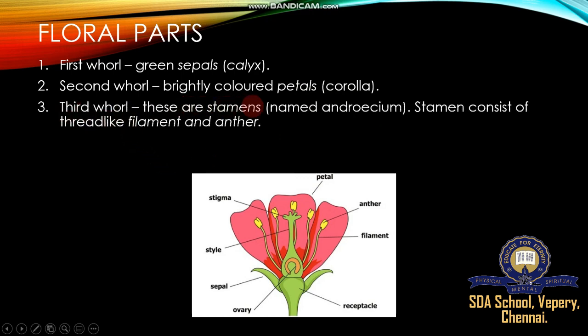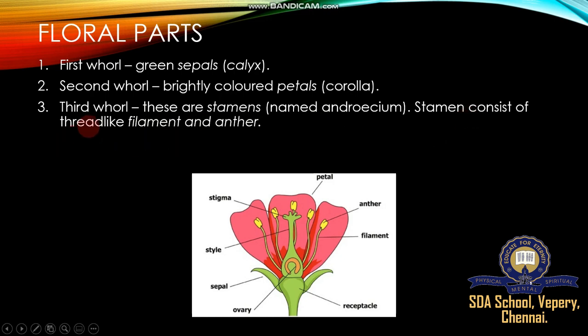The third whorl is the stamens, the yellow part: 1, 2, 3, 4, 5, so here 5 stamens, 6 stamens, 10 stamens, or many stamens. So the third whorl, the stamens, is named the androecium. Androecium is made up of stamens.